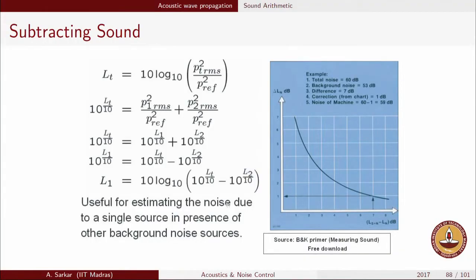Okay. So, if we know addition, subtraction should not be too difficult. The subtraction formula, I will just run through it quickly. So, now it is the other way around. Let us say in a shop floor kind of environment where there are many different machines, and it is very difficult to shut down all the machines and measure out the sound emanated by one particular machine, right.